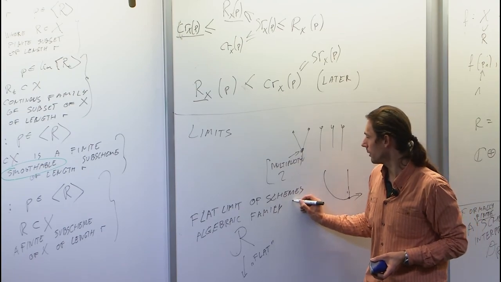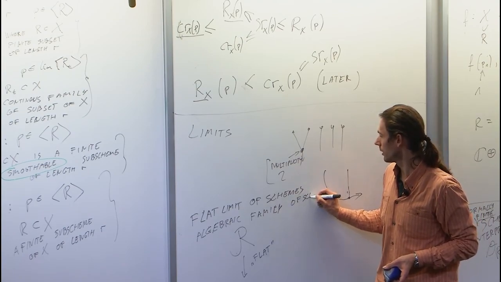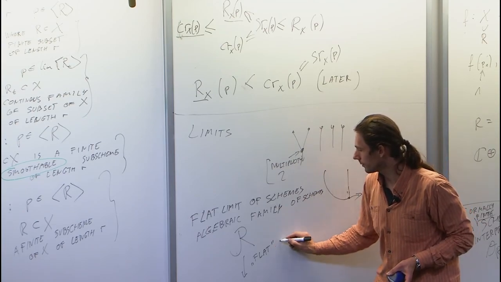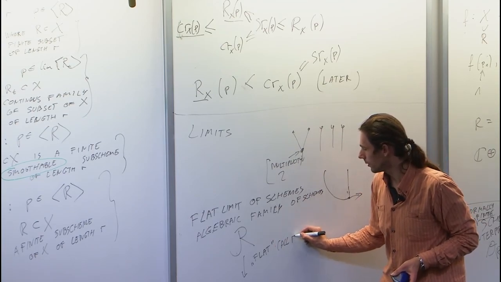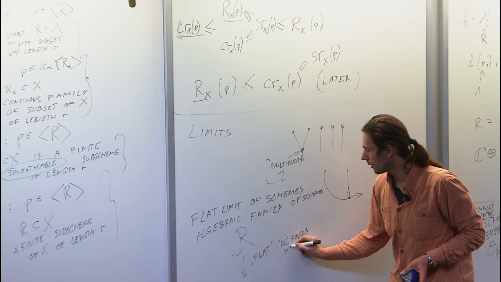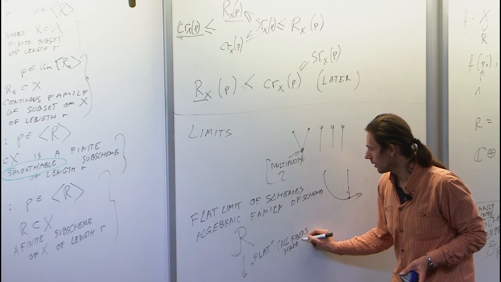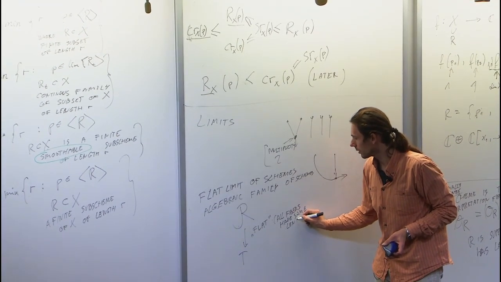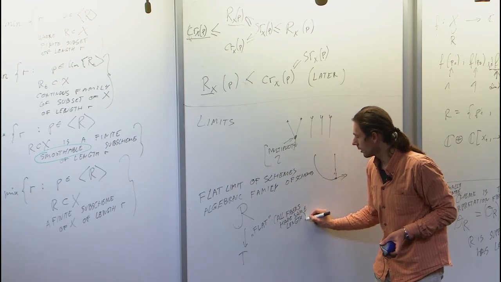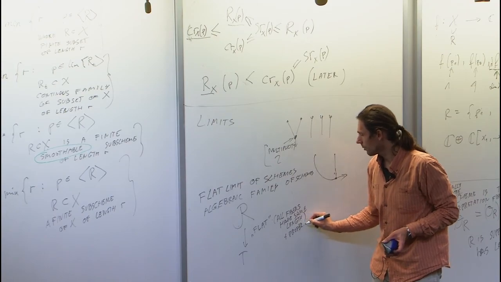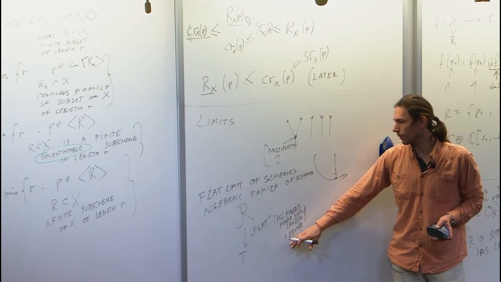This is a family of subschemes, of schemes, plus properness, which is kind of a compactness condition.